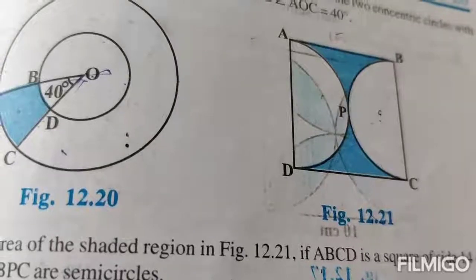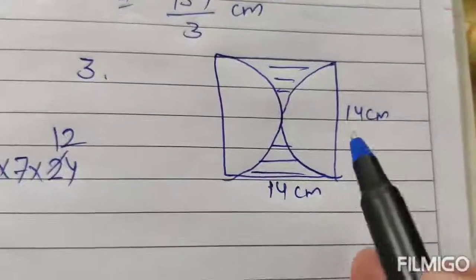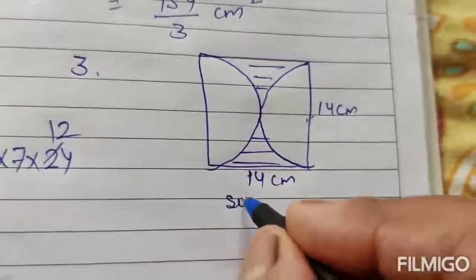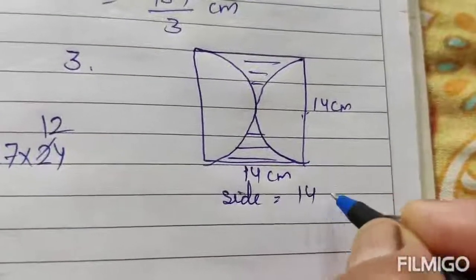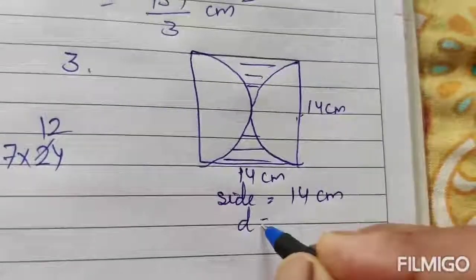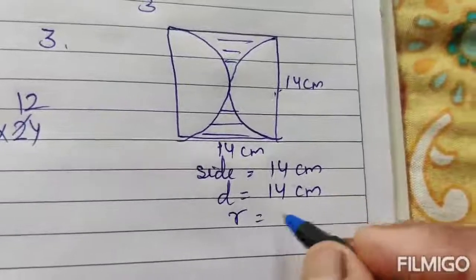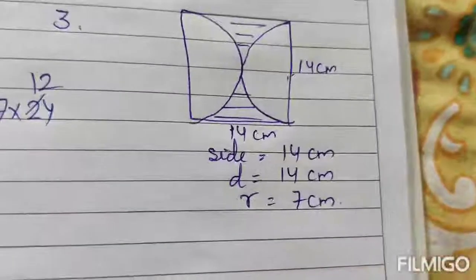This is the figure. The side of the square is 14 centimeter, it means the diameter of the semicircle equals 14 centimeter, and radius equals 7 centimeter.